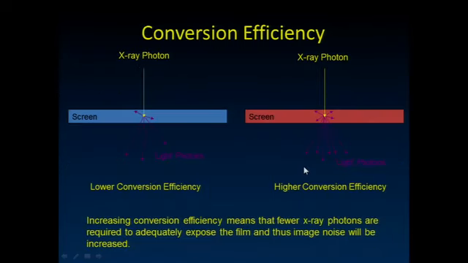The other thing you can do is just make them out of a different material, maybe a higher Z material that does a better job stopping your X-rays. In that case, you now produce maybe more light with that single X-ray photon than you did with your older screen material. So this is the conversion efficiency. The issue here is now you're going to be able to make your X-ray image with fewer X-rays, right?